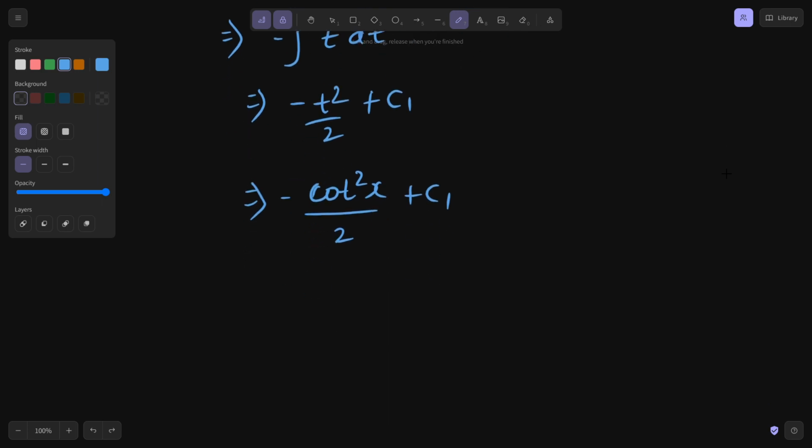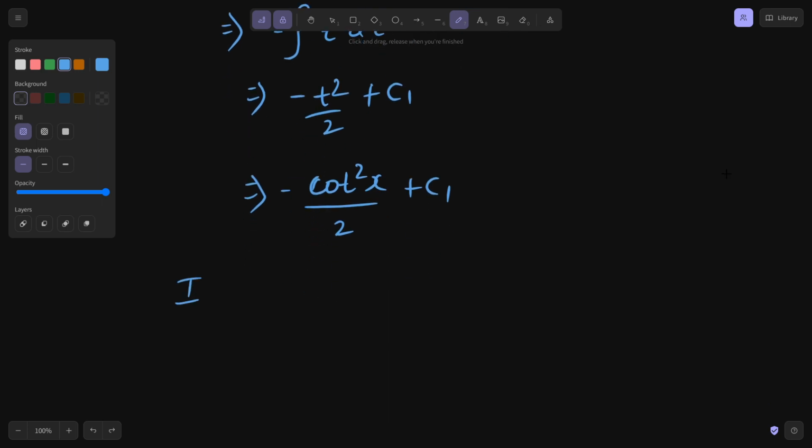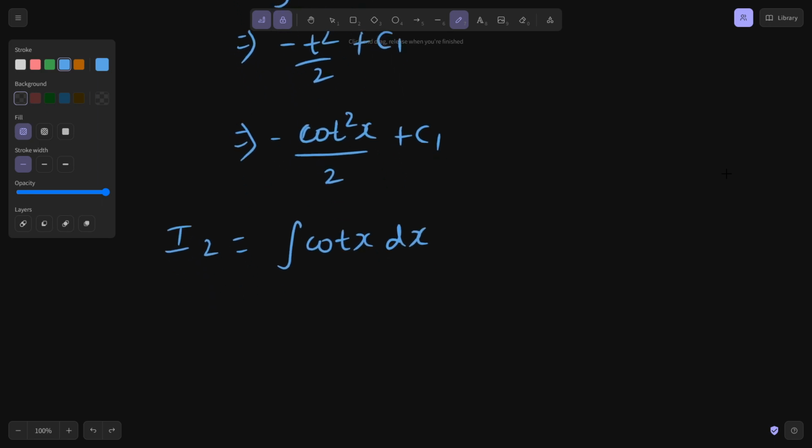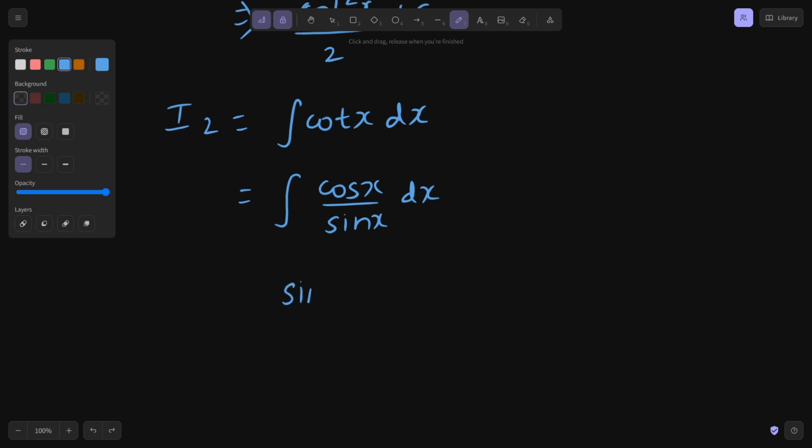This was all about I1. I2 is nothing but simply integral of cot x. Either you directly know this integral is log sin x, otherwise, as I told in the beginning of the video, you can always write this as cos x by sin x, and thereafter you can take sin x as t.